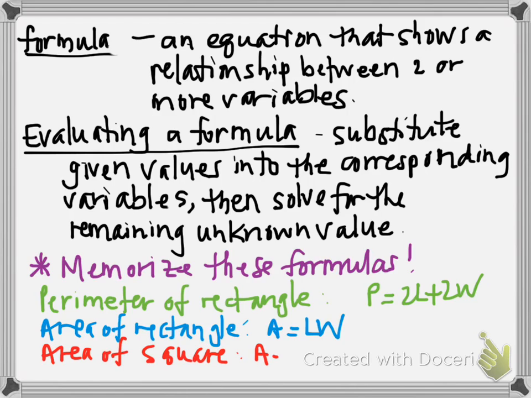That's going to be area equals length of a side times itself. Perimeter of a square: P equals 4S, since all 4 sides have the same measurement. And then the last one we talked about was distance.